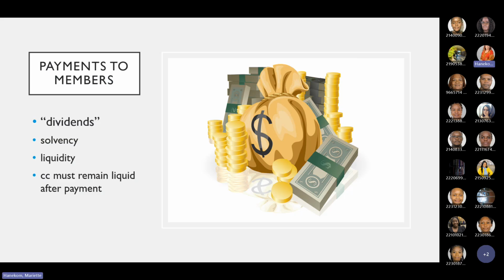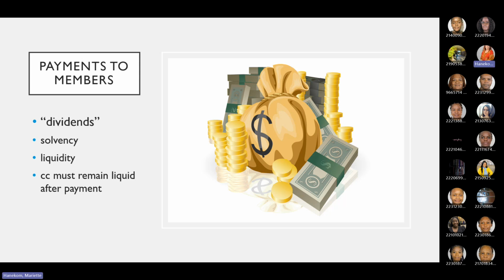So payments to members, dividends, we don't call them dividends, but it's the same thing. Can be done from any source. Requirements that have to be met: these are your typical close corporation requirements. Corporation must be solvent, must be liquid, and after the payments have been made, it must remain liquid.